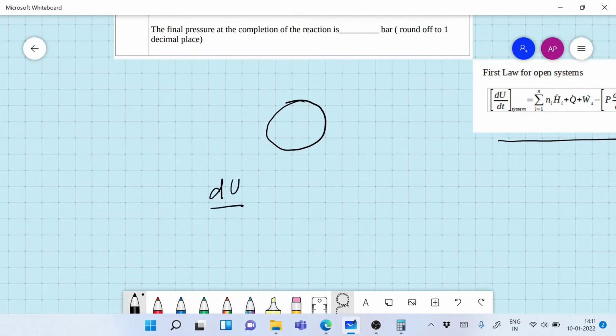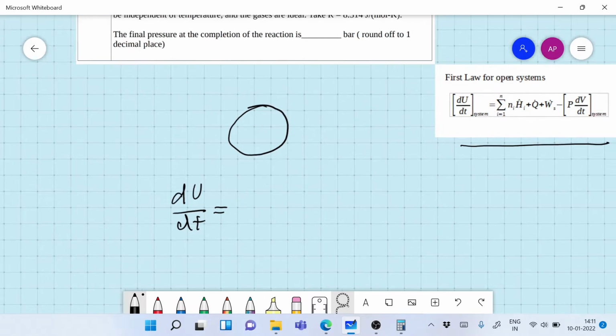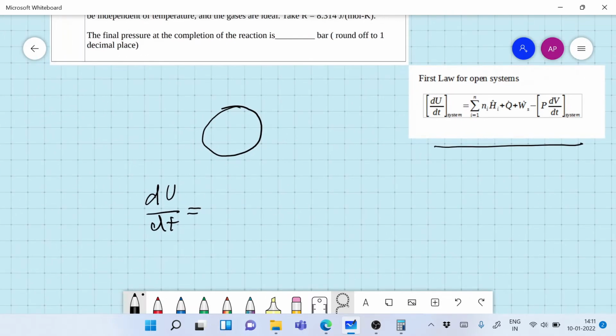dU by dt is equal to, the first term is 0, that is because no flow is going in and out. The second term is 0 because no heat is going in and out. The third term is 0 because no shaft work is being done on the system, and the volume of the system does not change.